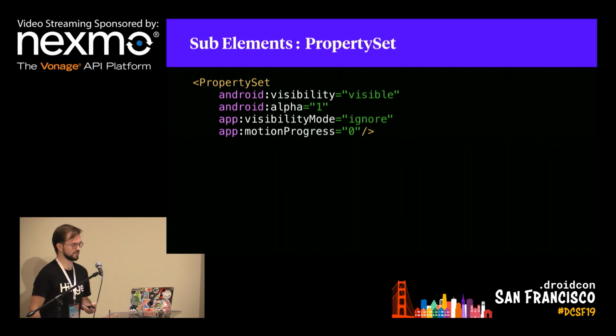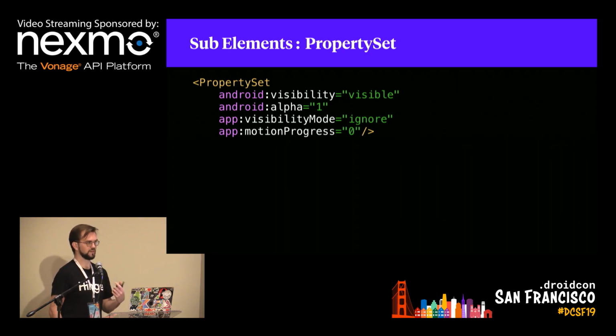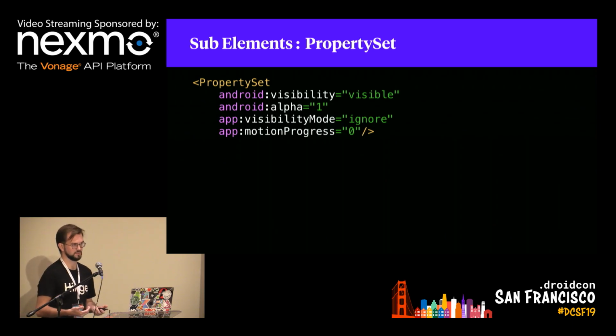Property set is super interesting. It's how you fade and change visibility of views in between different states. You can use the visibility mode for that, although practically I haven't done that as much. I definitely use the alpha one, fading in, fading out views when transitioning between different scenes.